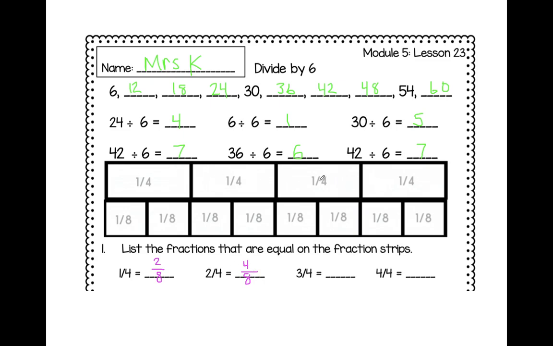If I have 3/4, how many 8ths does that equal? 1, 2, 3, 4, 5, 6. So 6 8ths. And then if I have all of my fourths, how many 8ths does it equal? If you said 8 8ths, you are doing a great job.